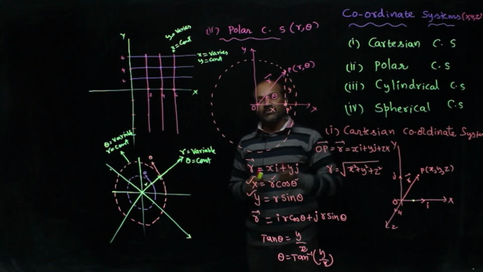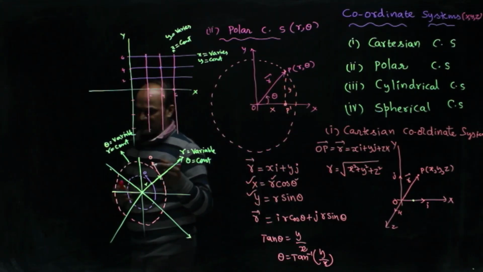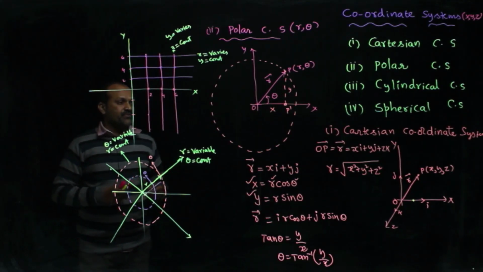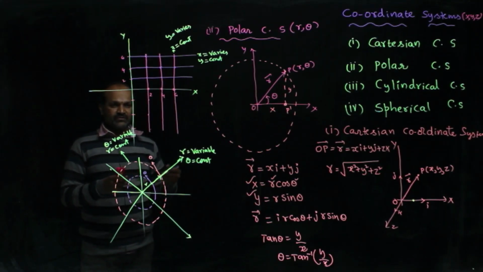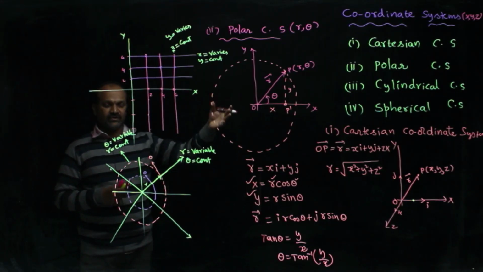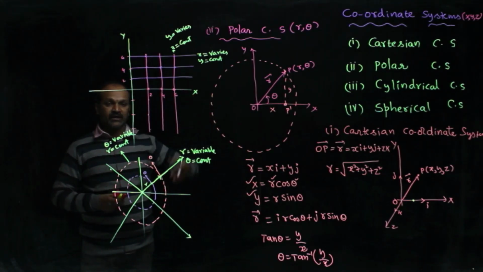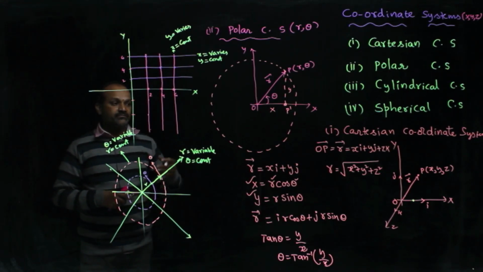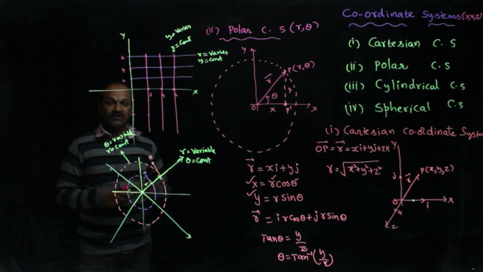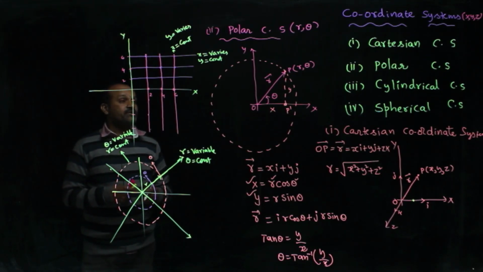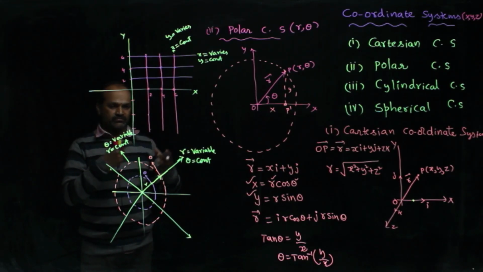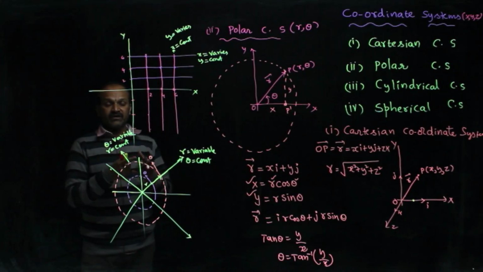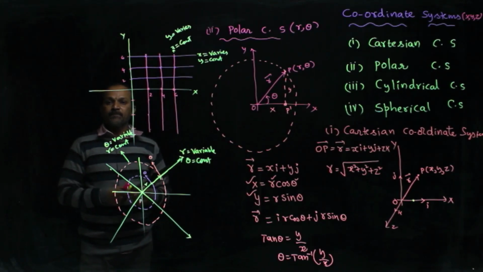For that purpose they use it. This is called analytical analysis of these pipes, those things. The mechanical engineers, they use these cylindrical coordinates and also spherical coordinates. Just using these polar coordinates and Cartesian coordinates, we cannot view the geometry of a given cylinder, right. That we will see.